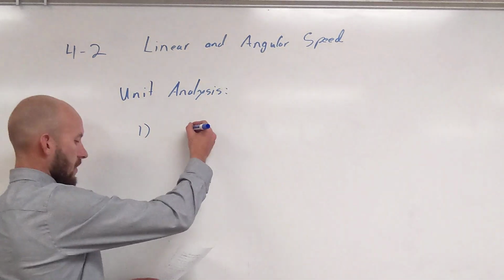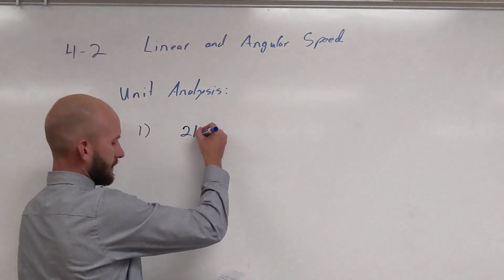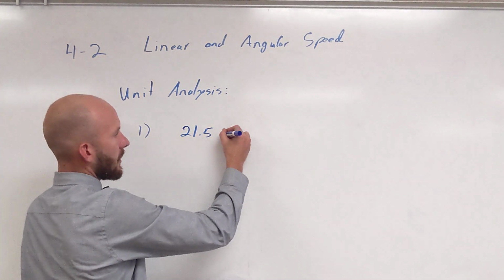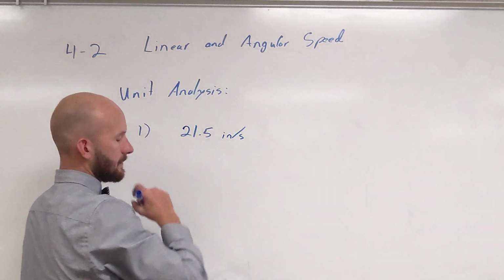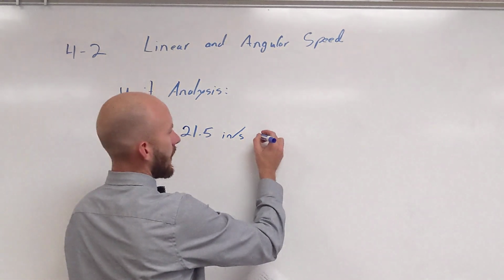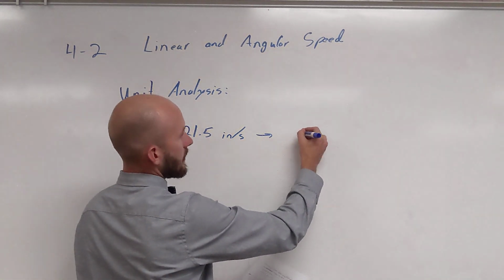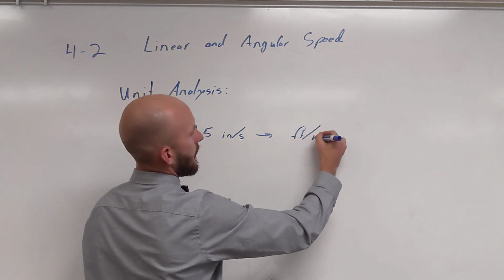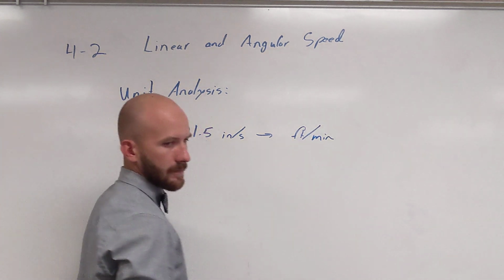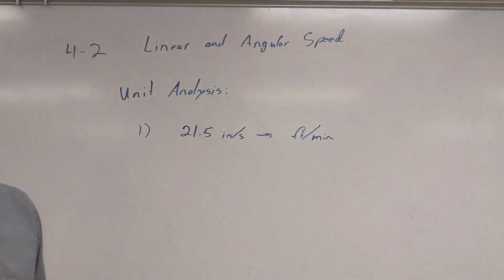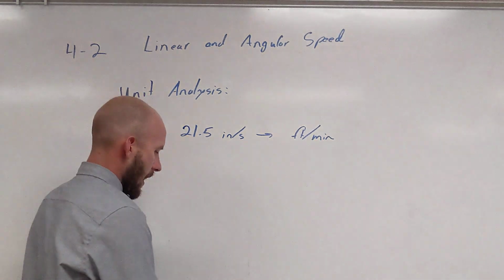Okay, so I'm going to start out with 21.5 inches per second, and I want to convert that to feet per minute. It's actually pretty straightforward once we get the hang of it.